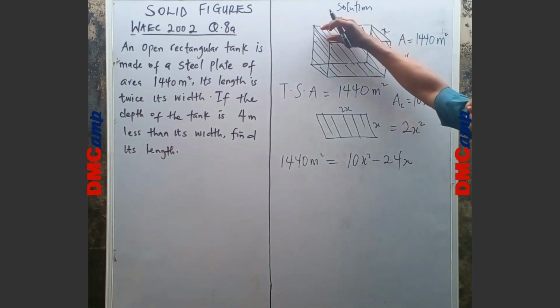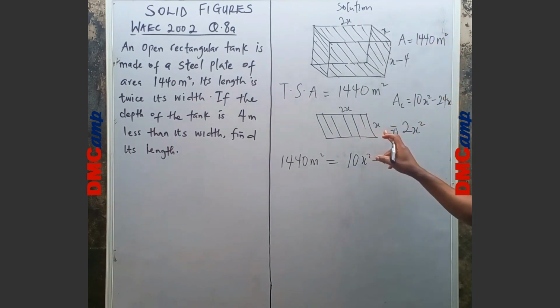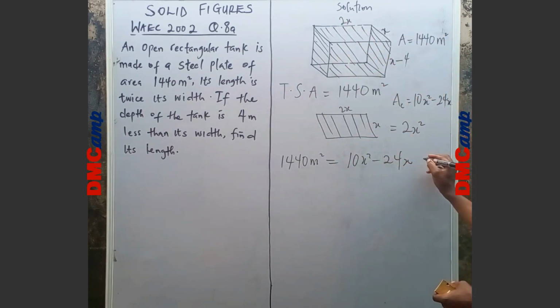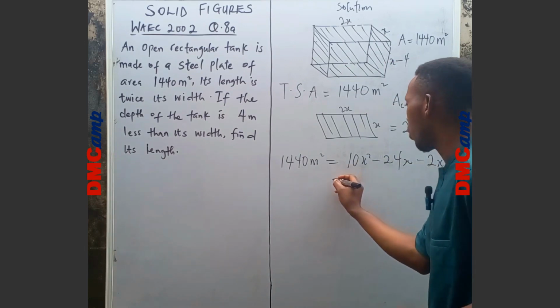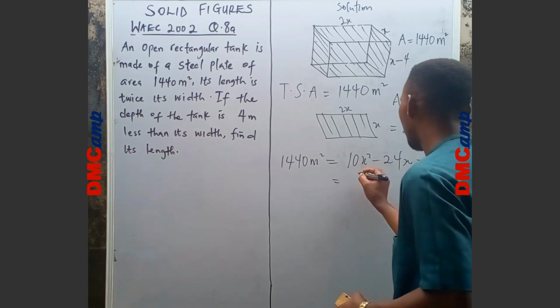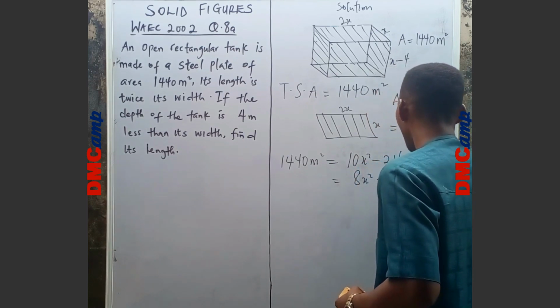Now, the area of the open face here is 2x squared, so we are going to subtract it from the total here. So minus 2x squared. If we do this, we are going to have 10x squared minus 2x squared, we are going to have 8x squared minus 24x.